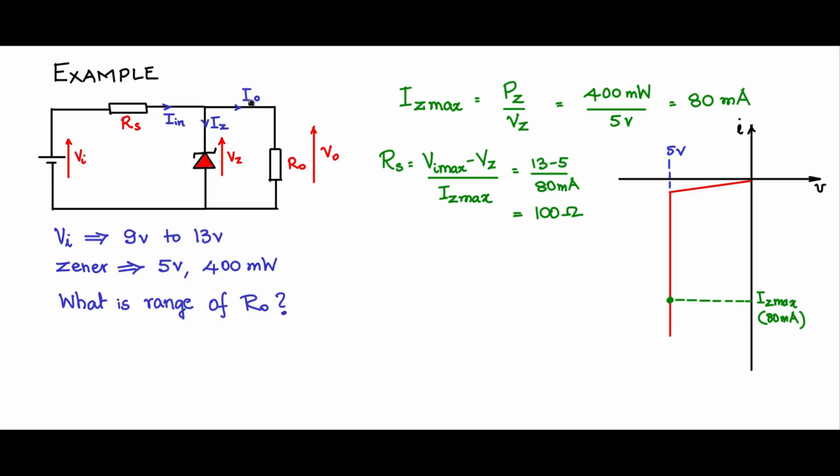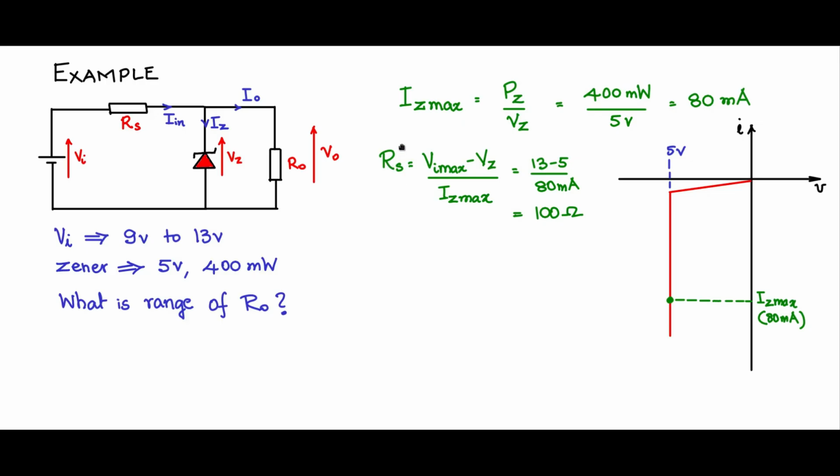So what it means is that under worst case condition, when there is no load, when R0 is infinity, all the current In flows into IZ, and that would be IZ max. Now that current In is maximum when Vi is max. So Vi max minus Vz by IZ max will give you the value of Rs.